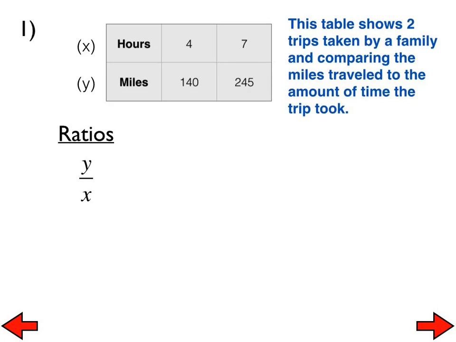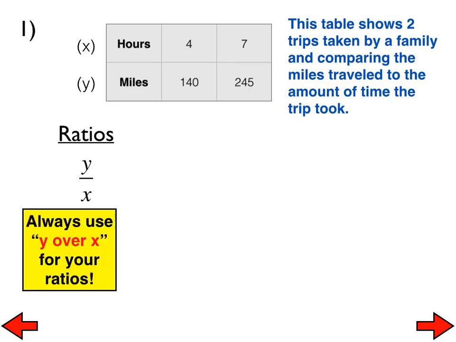So in my first set of values right here, that's one situation. The family went 140 miles in 4 hours. So let's write that as a ratio. And remember, this is just reiterating what I just said. Always use y over x for your ratios.